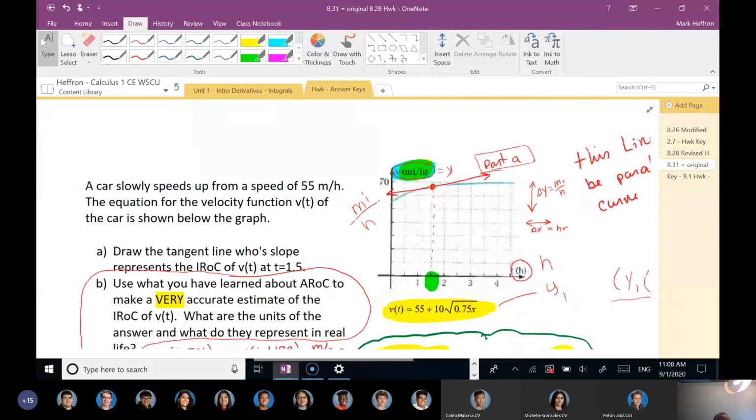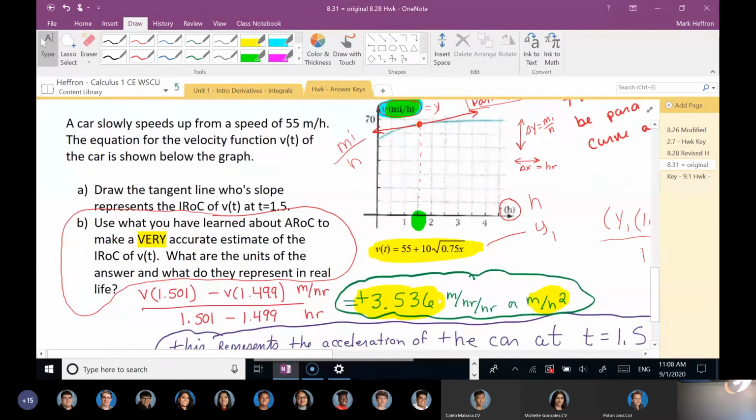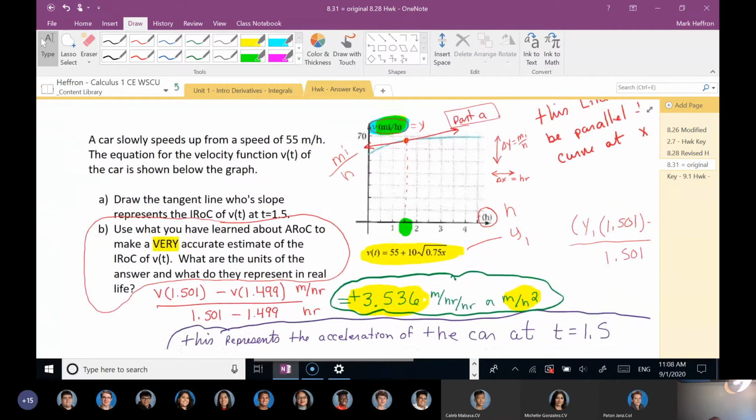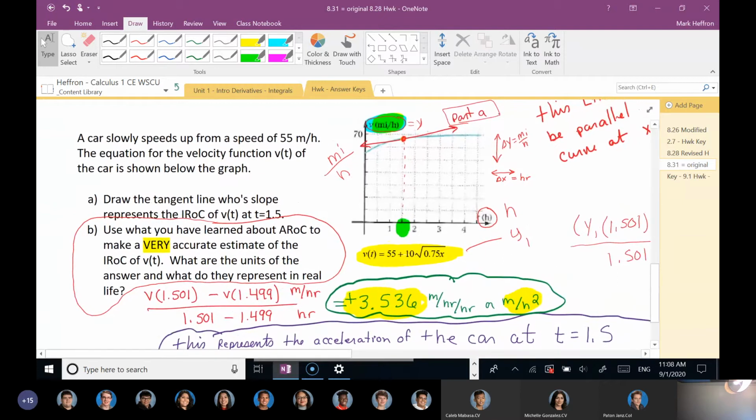Number 6, draw a line tangent whose slope represents the IROC at 1.5. So all I did is I went over to my graph where time was 1.5. I went up to see where it touched the graph, and I tried to draw a line that went through that point and was parallel to the graph.